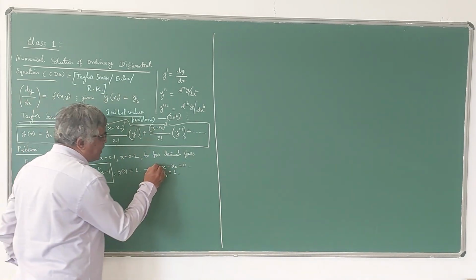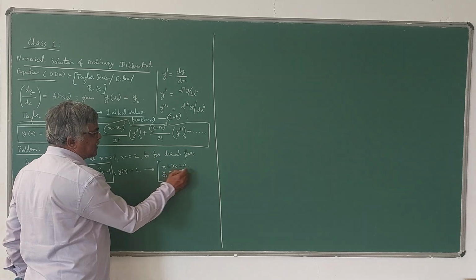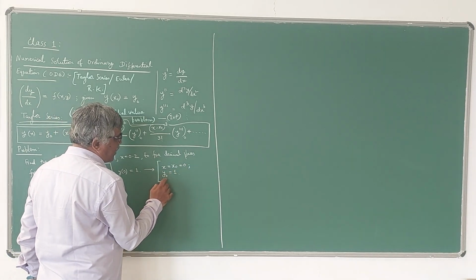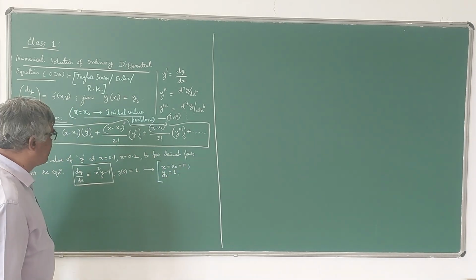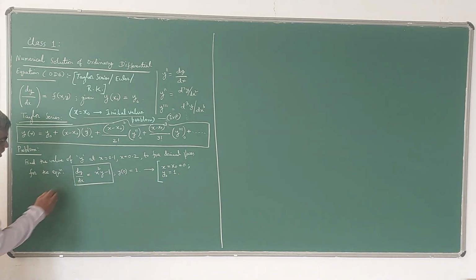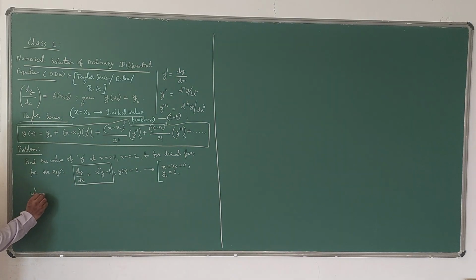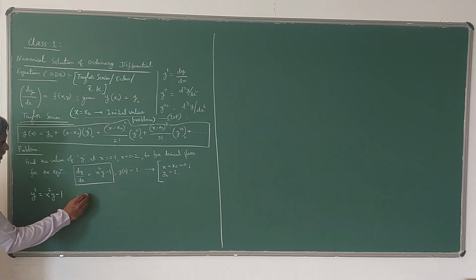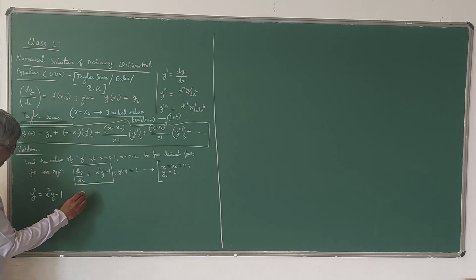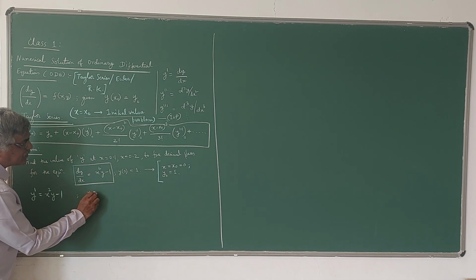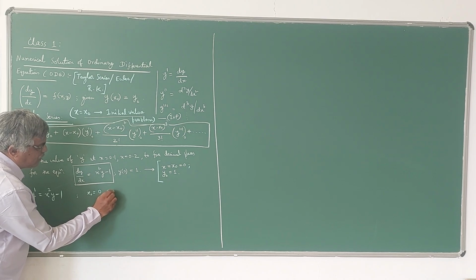So it is given that at x is equal to x naught, that is at x is equal to 0, the value of y, that is y naught, is 1. The given equation is y dash, that is dy by dx, is equal to x square y minus 1. Also x naught is 0 and y naught is 1.